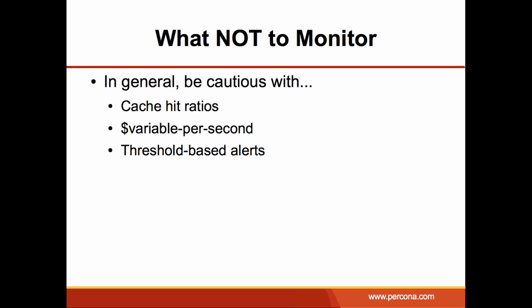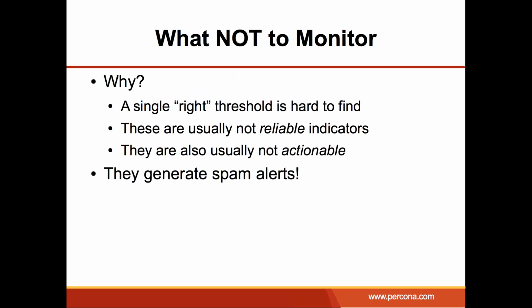And there's a variety of reasons why those things tend to contribute to spammy alerts. A single threshold on those sorts of ratios and counters is very difficult to find. The threshold that might indicate health is ambiguous and changes from hour to hour and from system to system. So setting up a single threshold is generally a game that's over before it starts.